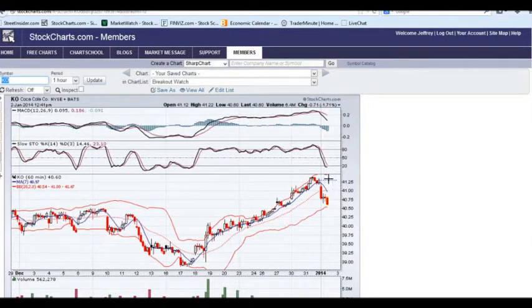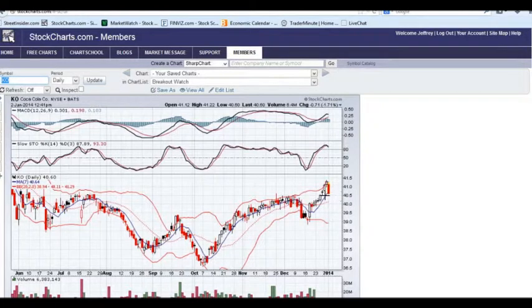Yes, the move is something to be concerned about, but if it breaks 40.50, I'm out, but I'm going to look for it to rebound to 41 tomorrow, and then I'll look to get out on that little rebound. I'll simply get out, not because I'm bearish on Coke, but because chances are, with this type of move, we go into some sort of consolidation mode. You kind of see that back here in September a little bit. Coke does have a little bit of a mind of its own.